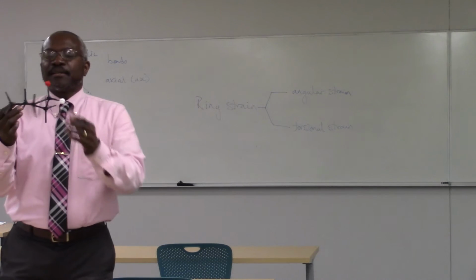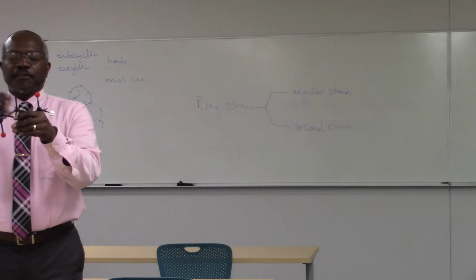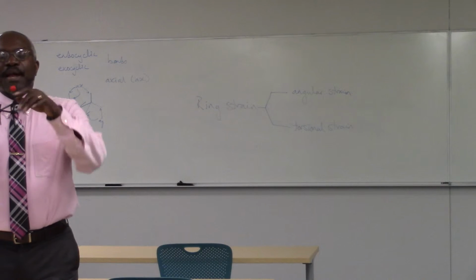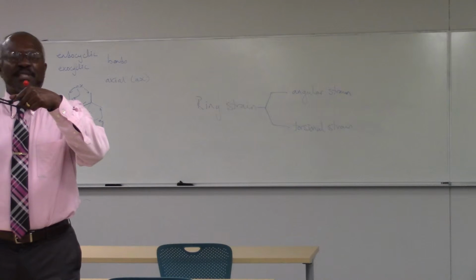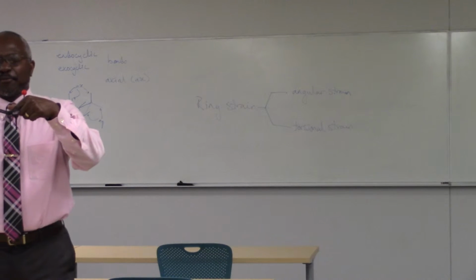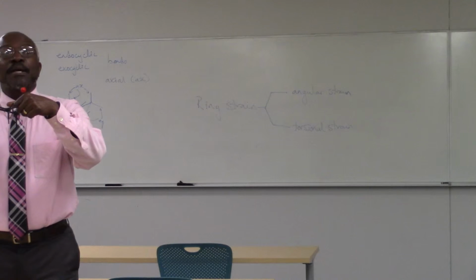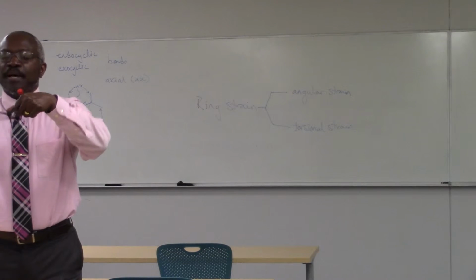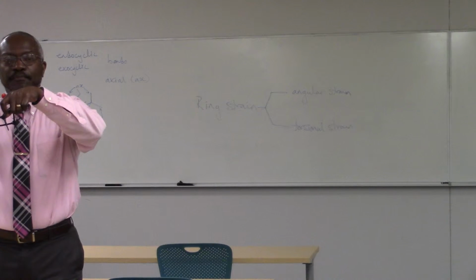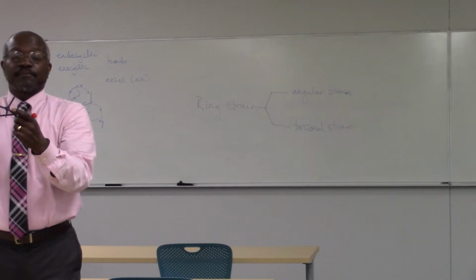So I'm going to take this chair, and I'm going to grab carbon 1 and 4, which is the easiest way of doing these rotations. And I'm going to make a boat. So I'm going to bring carbon 4 up into the boat, and we'll take carbon 1 away from it.